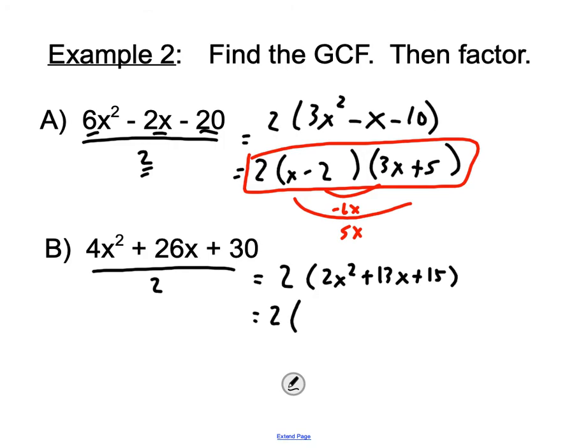I'm going to keep factoring. What times what is a 2x squared? It'd be x and 2x. What multiplies to give me 15 there? So remember, I've got 1 and 15 and 3 and 5. So maybe I'll write those down here.